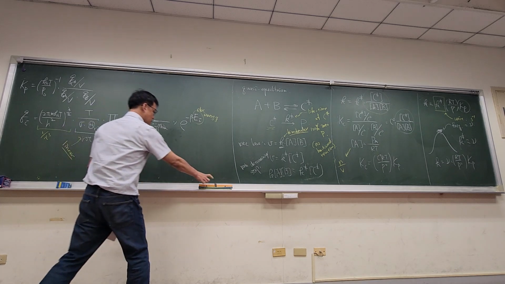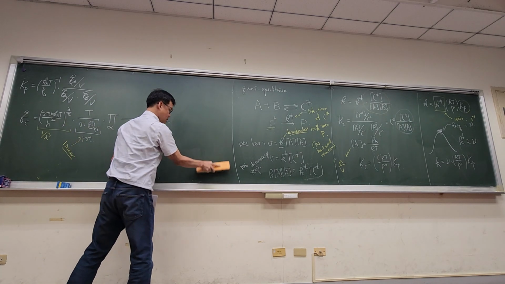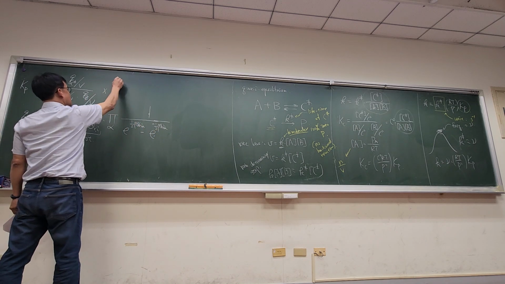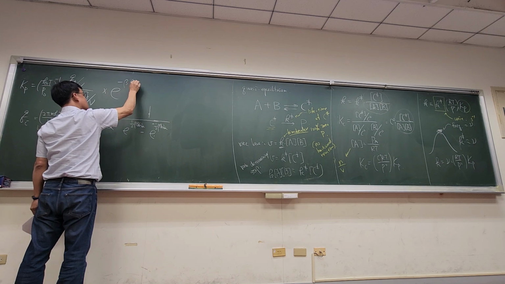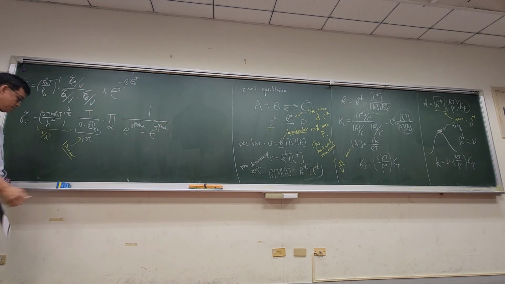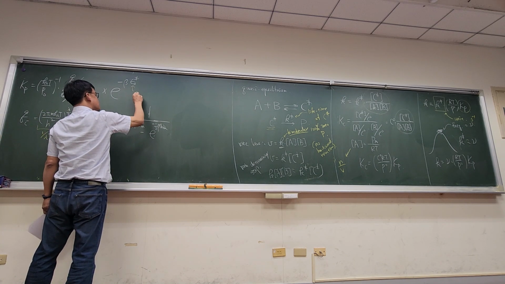So I'm going to erase this and write here exponential of minus beta epsilon 0. This is the activation energy.